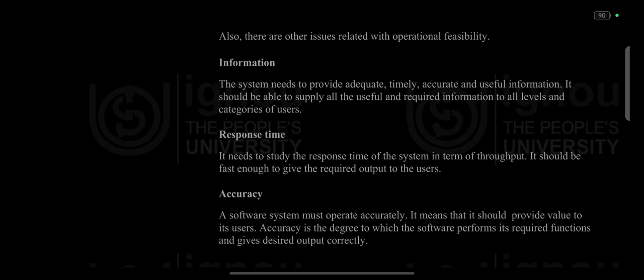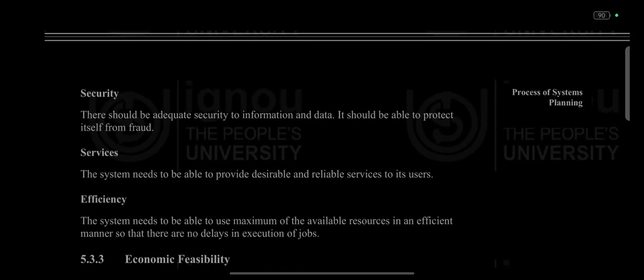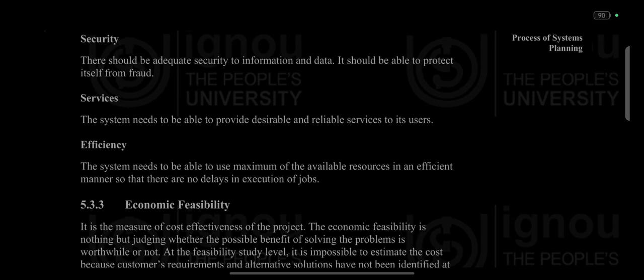Accuracy. A software system must operate accurately. It means that it should provide value to its users. Accuracy is the degree to which the software performs its required functions and gives desired output correctly. Security. There should be adequate security to information and data.